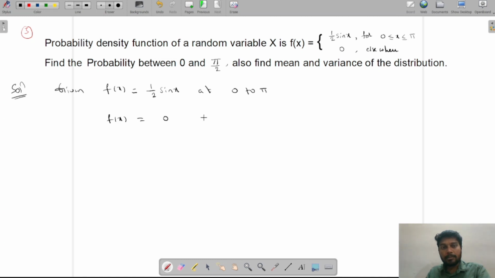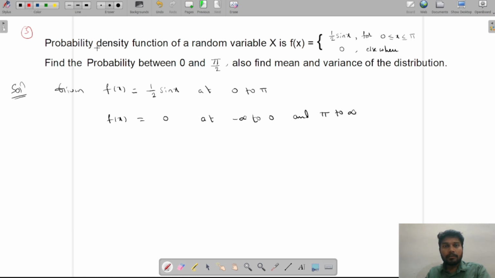When will this 0 happen? Whenever x values are anywhere except between 0 and pi, which is nothing but from minus infinity to 0 and pi to infinity.